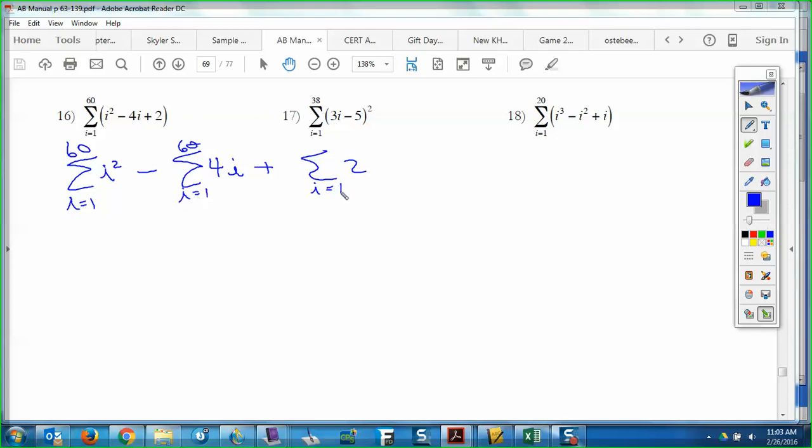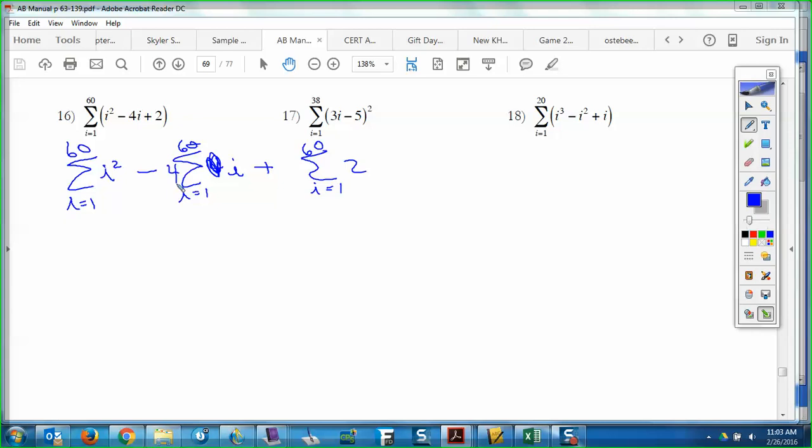What's the other thing we said we could do? We said we could take out the 4 and pull it outside. Look what we've just done. We've now written these in such a way that I can use those formulas we just wrote down. I've got a sigma i squared, a sigma i, and a sigma constant.